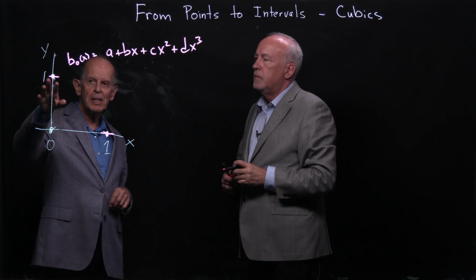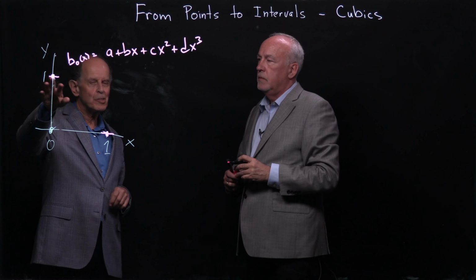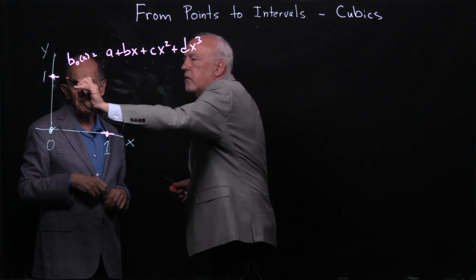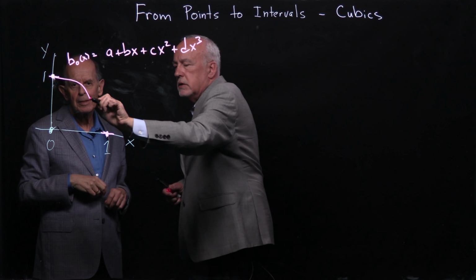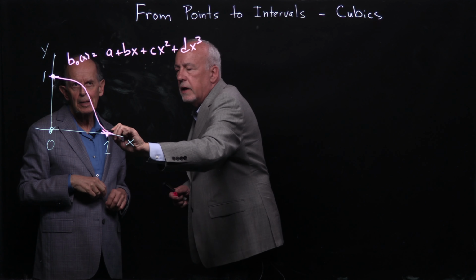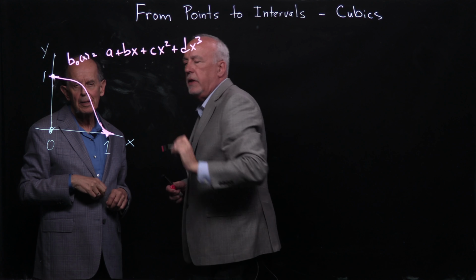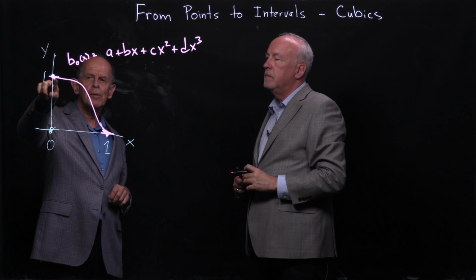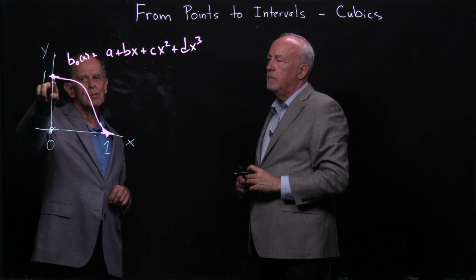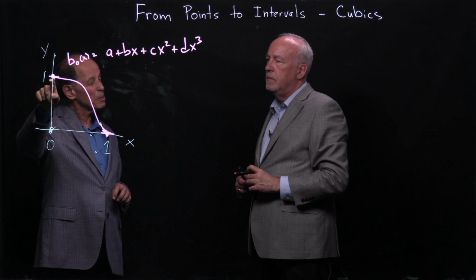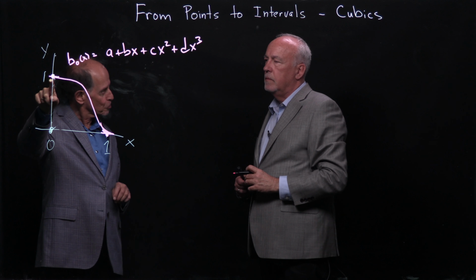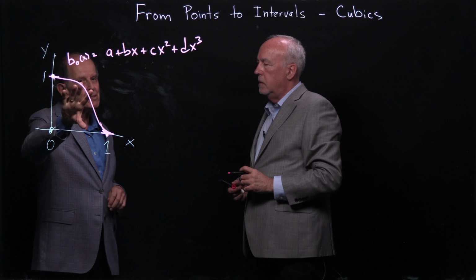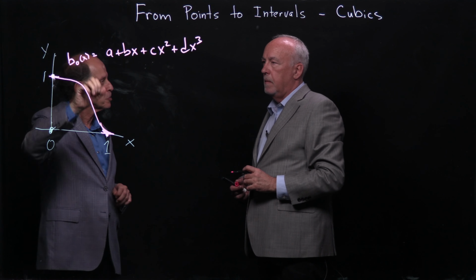Whatever this cubic is doing, it's going to be locally flat here and here. Cubics are little curvy things that flatten out here, flat there. Is the derivative going to be 0 there? Yes, it is going to be 0 because we don't want any derivative conditions to mess up b0.